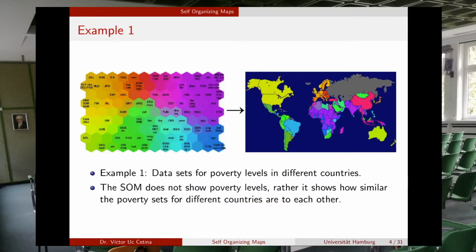So this is an example of a dataset with information about poverty levels in different countries in the world. And on the left side, we see a map where you can see in colors which countries have similar levels of poverty.